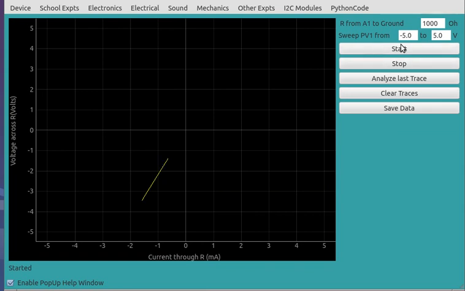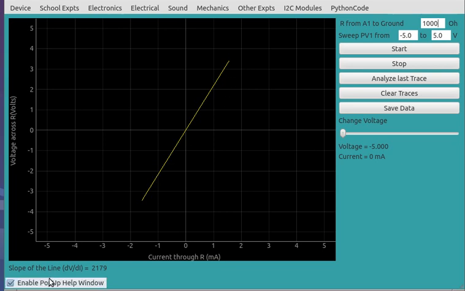We are changing PV1 from -5 to 5 volts, and the resistance from A1 to ground is entered here, that is 1 kilo ohm. So it plotted the graph, and the slope of this graph, dV by dI, is the resistance, V by I. That is roughly 2.2K, 2179 ohms.